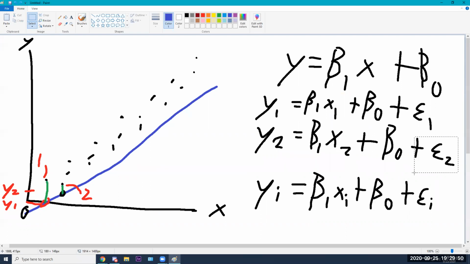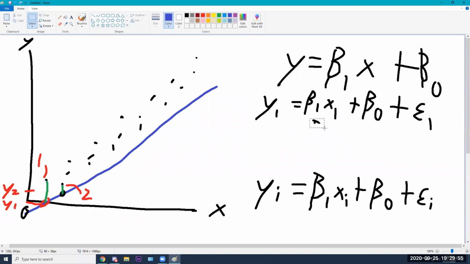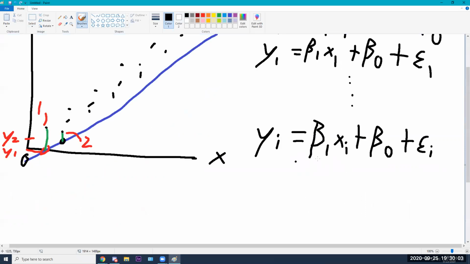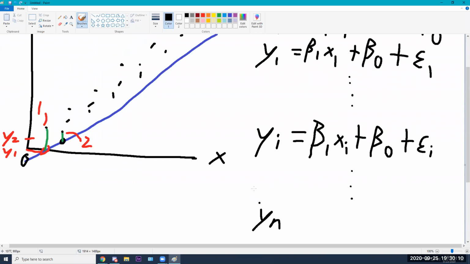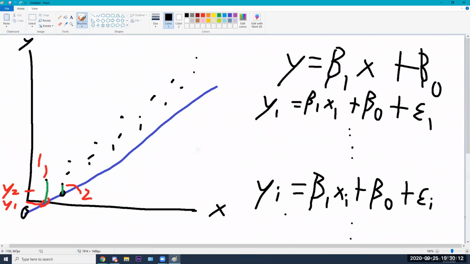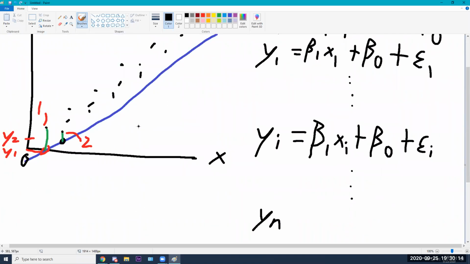So here you go. We can define our y2, and so on, and then we get to our yi, until we get all the way down to our yn. And n here denotes the total number of points in our data set.